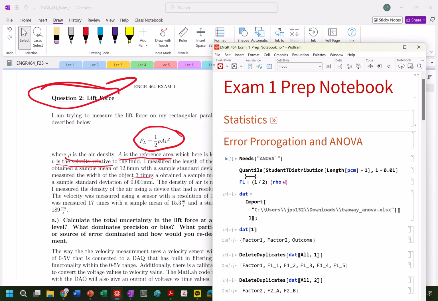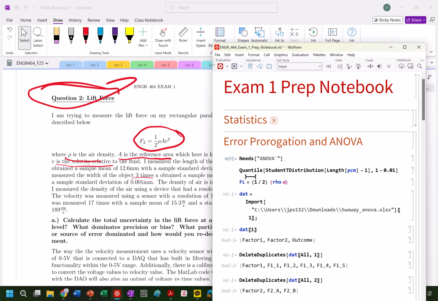Now let's build out our precision. So our precision error, what do we have? We're told the number of length measurements equals 24. We're told that x length is equal to 12.6 times 10 to the minus 3, and s of the length is equal to 0.001 times 10 to the minus 2.